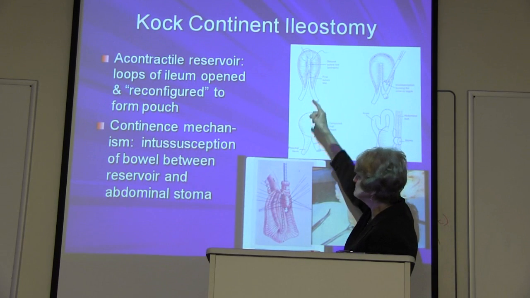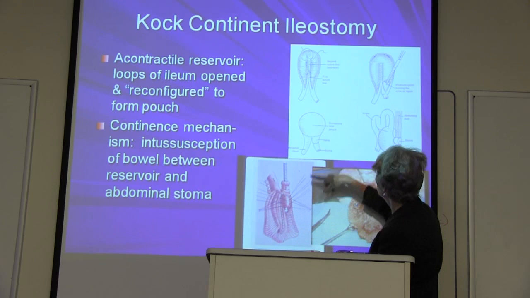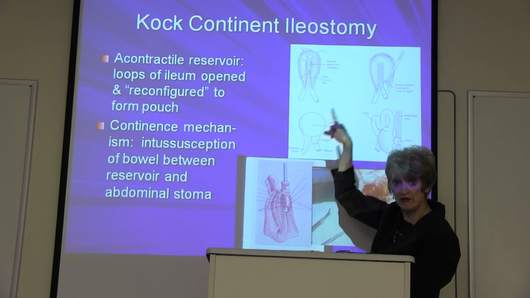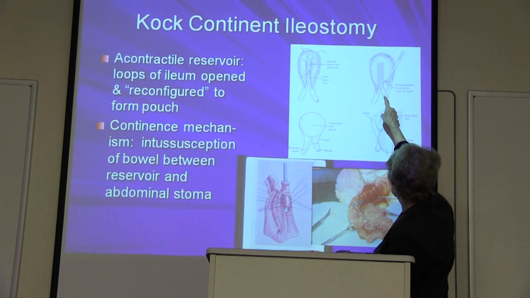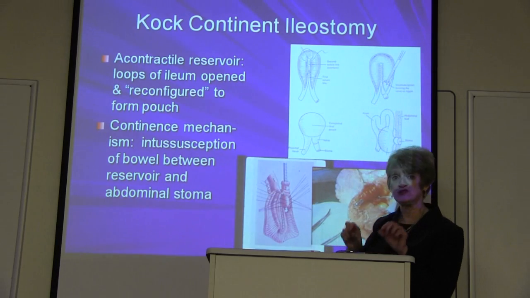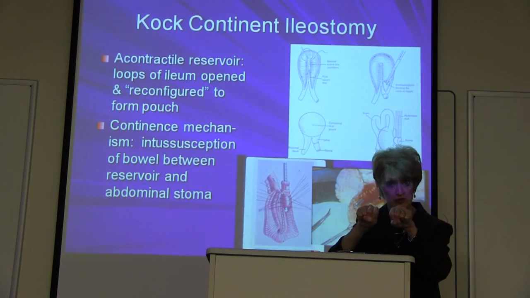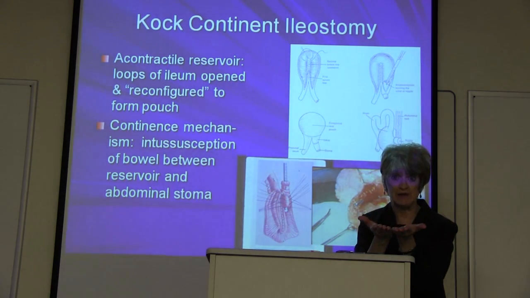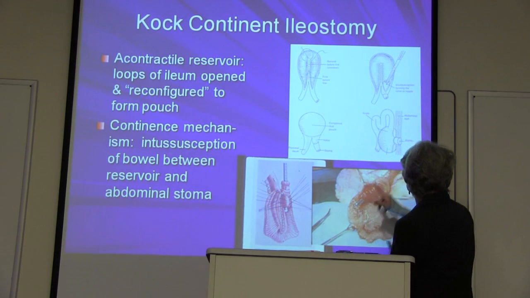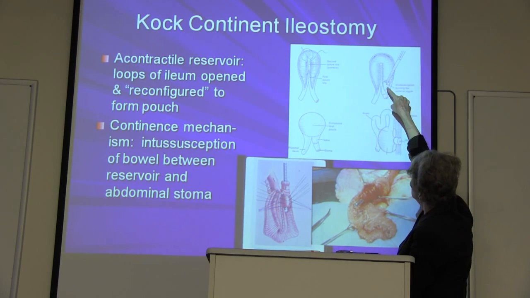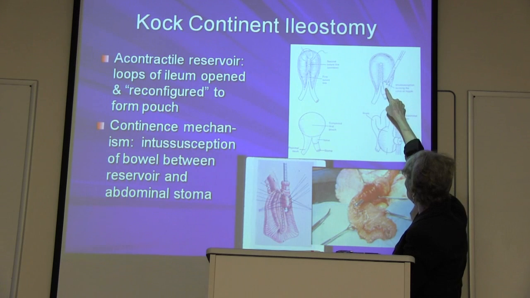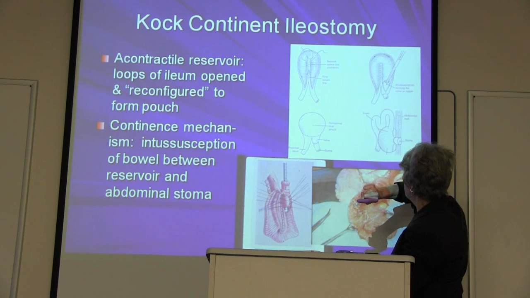They line up two limbs of bowel side by side. They open the front walls of the bowel. They suture the back walls. So you see how you've gone from two tubular structures to a flat piece. Then they create a continence mechanism between the stoma and the reservoir. We'll talk more about that.